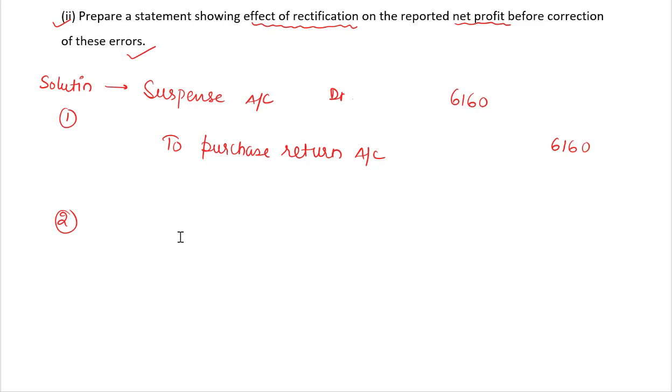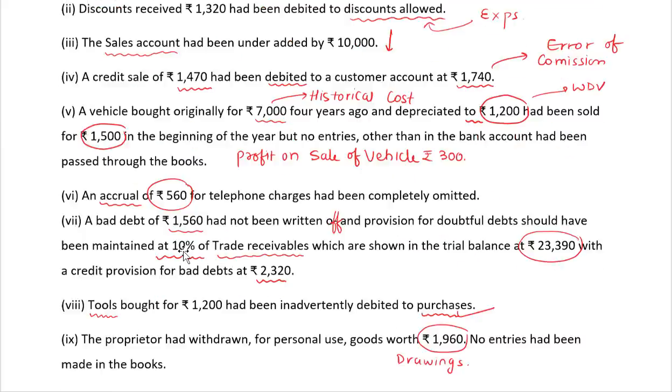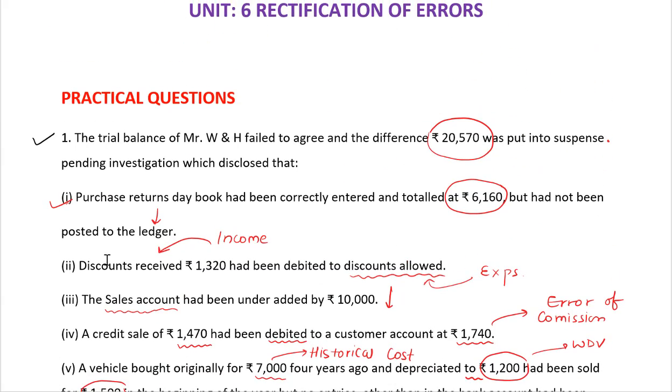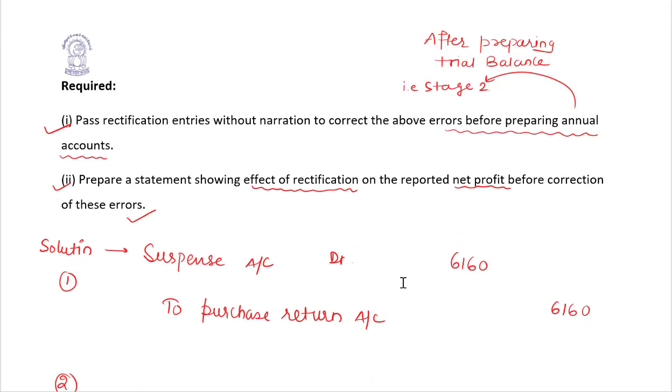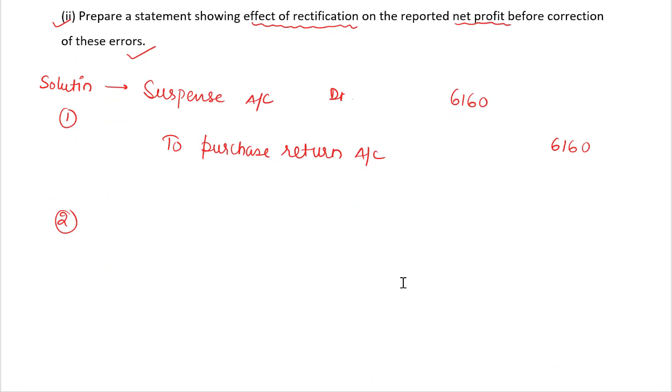Let's shift to question number 2. Point number 2. Discount received 1320 have been debited as discount allowed. So by mistake we have debited discount allowed. We'll do what? We will credit it. So we will write to discount allowed account.